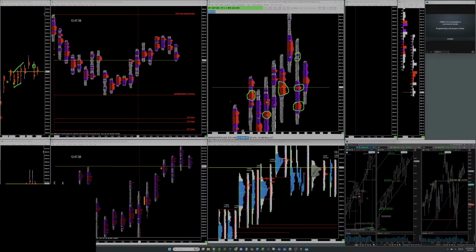What matters to me is that there is nothing in this area, absolutely no volume. And if anything is going to be done to the downside, we need volume here going lower. As the market goes lower, we need volume. And what happened yesterday is that as the market was going lower, the volume started to decrease significantly.